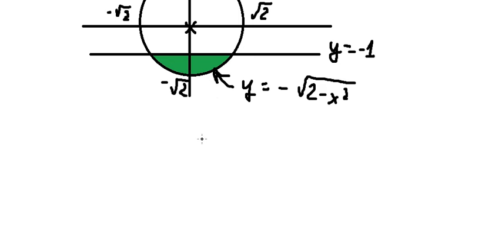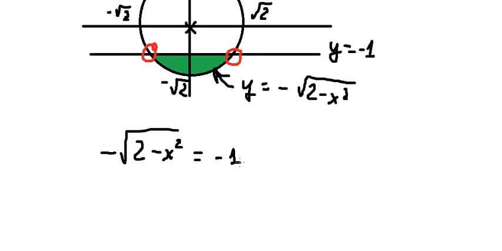And now we can set up this integration. Now we need to find the intersection of this one and this one. So negative of the square root of 2 minus x squared equals negative 1. We cancel the negative and negative, and we just have the square root of 2 minus x squared equals 1.